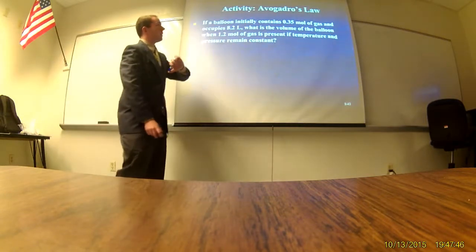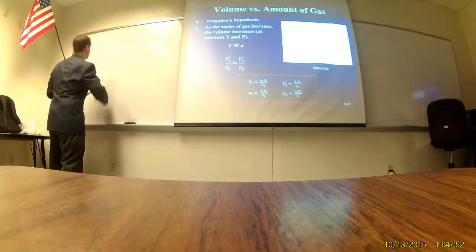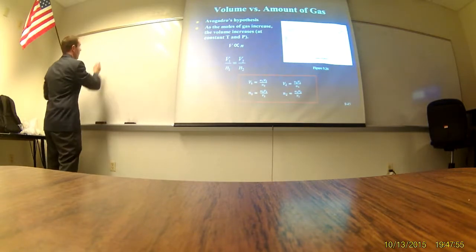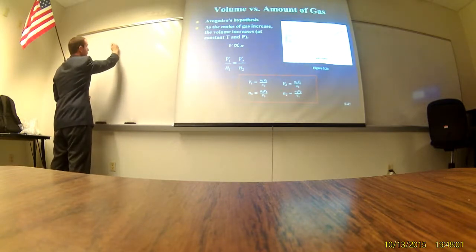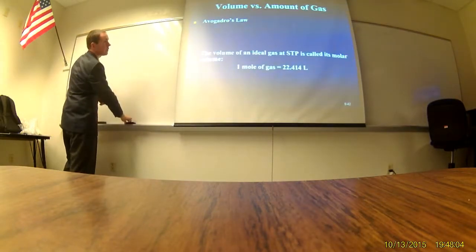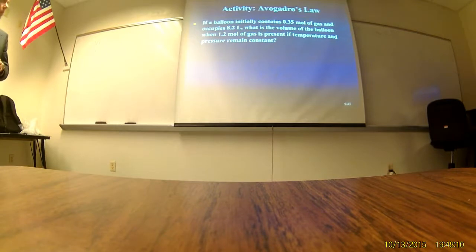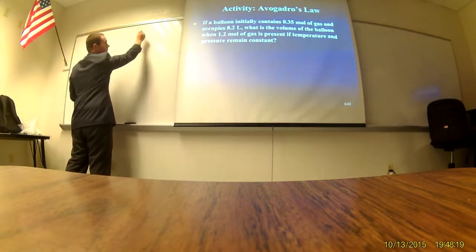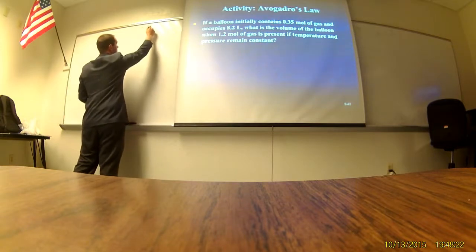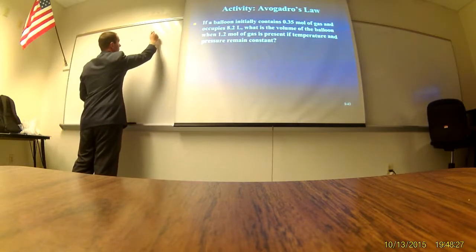So here we're going to use that. Our equation for Avogadro is V1 over N1 equals V2 over N2. Which variable are we trying to find in this problem? V2. So what is V1? 8.2 liters. What is N1? 0.35 moles.